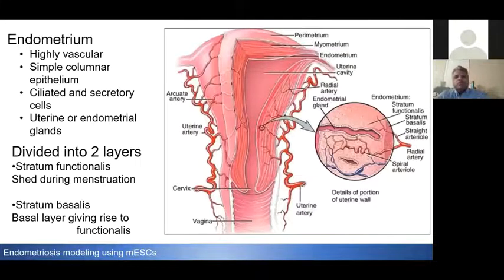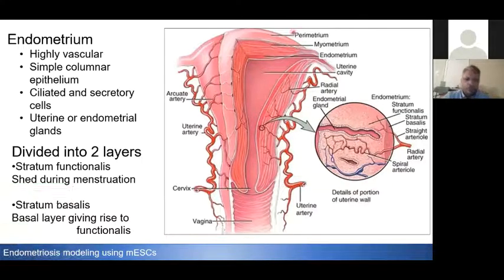Before we move to the endometriosis disease itself, let me briefly go over the anatomy of the endometrium or uterus here. The inner membrane of the uterus is divided into three layers.